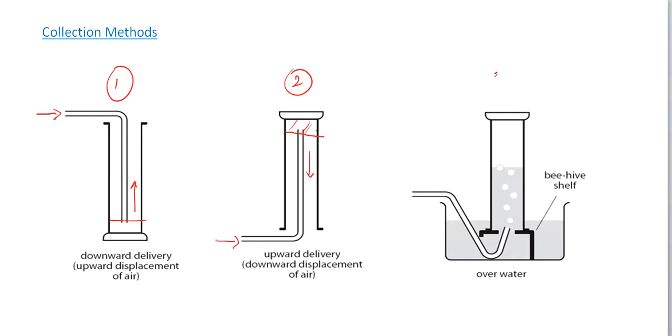And this third collection method is simply to collect a moist sample of the gas. So if you have a gas entering here, the gas is going to be collected in this region here, and the gas will be a moist sample.